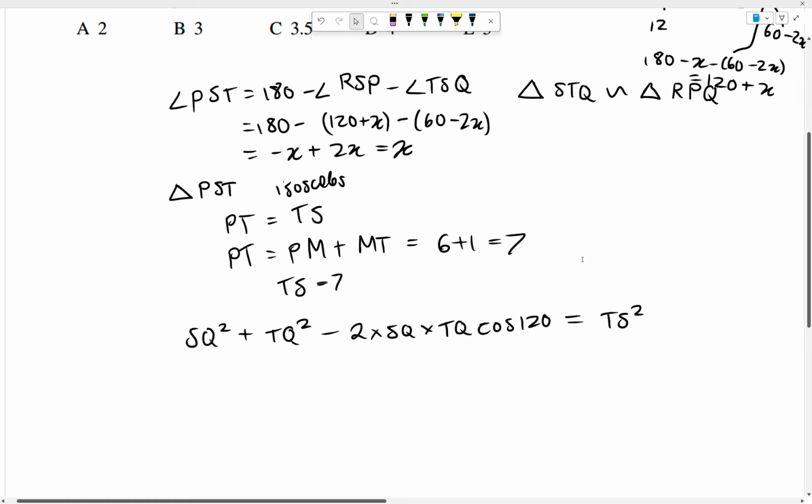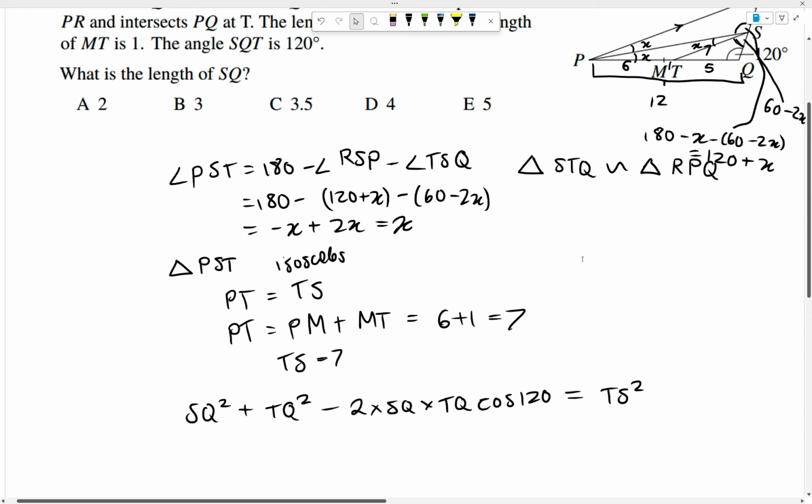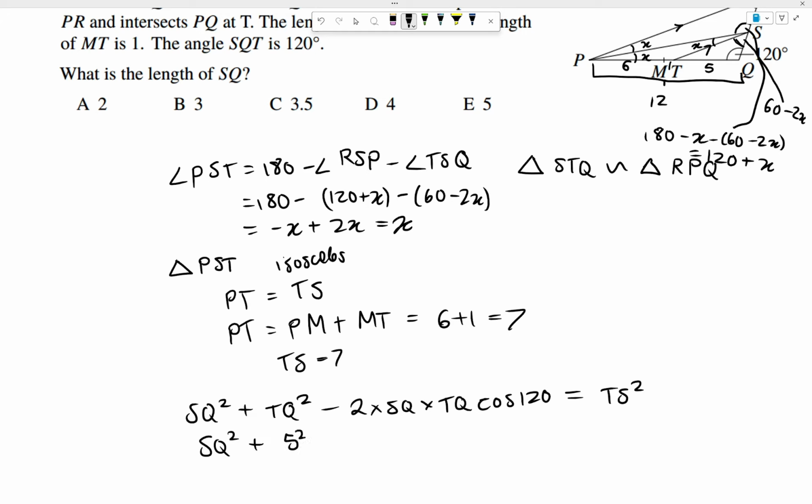So now I'm going to substitute all the values that we know. So SQ squared plus 5 squared minus 2 times SQ times 5 cos of 120, which is minus a half, and that's equal to 7 squared.